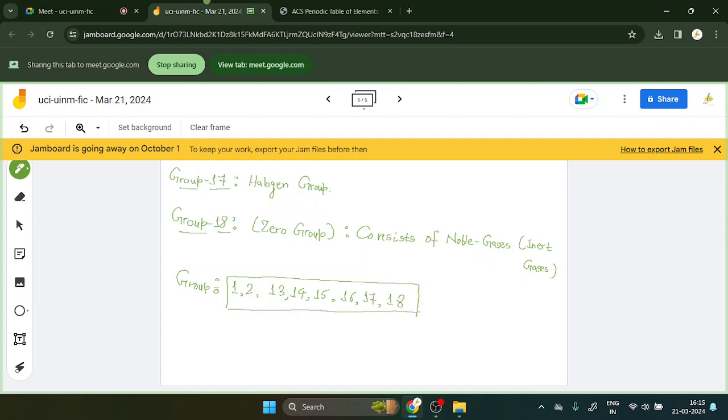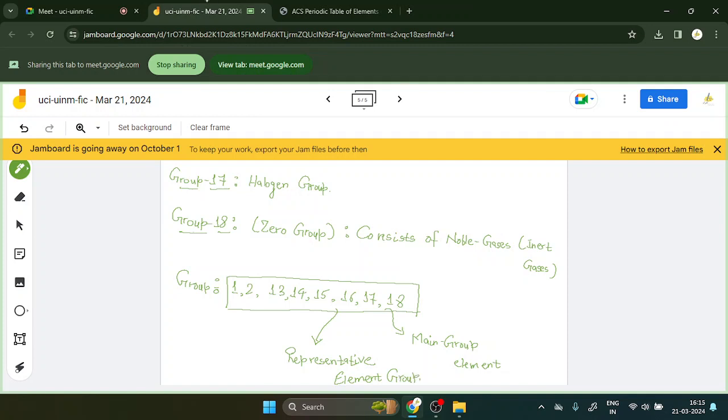We can call them the main group elements, or we also call them the representative elements. Clear?